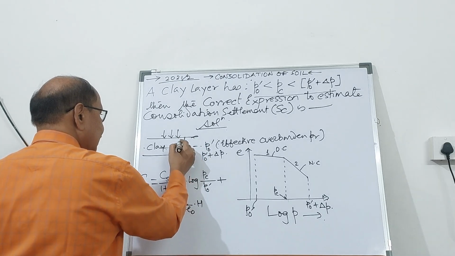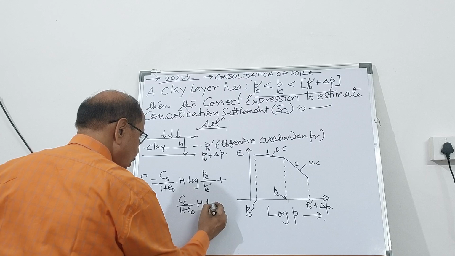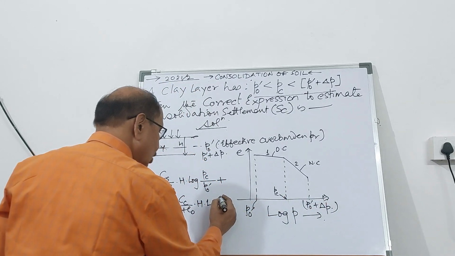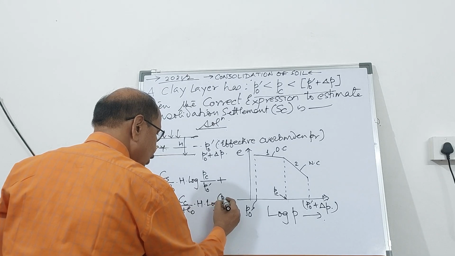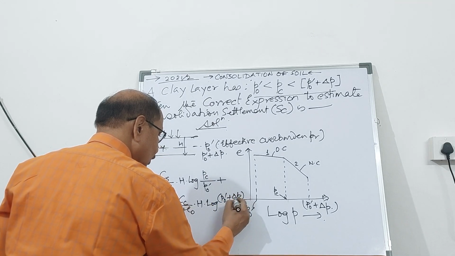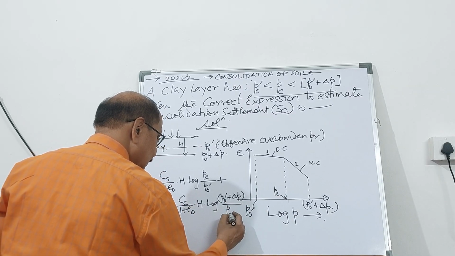H is the clay layer, into log of higher pressure is this. So higher pressure is P naught prime plus delta P, divided by lower pressure, which is Pc.